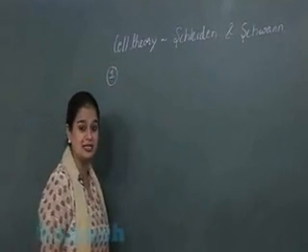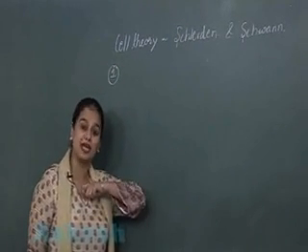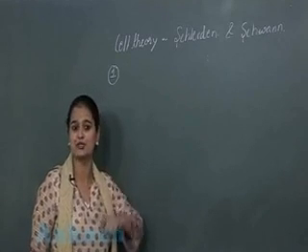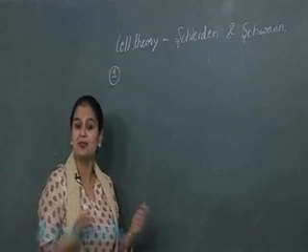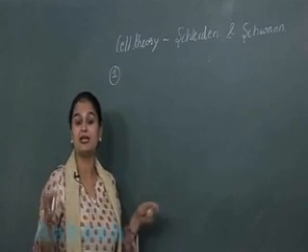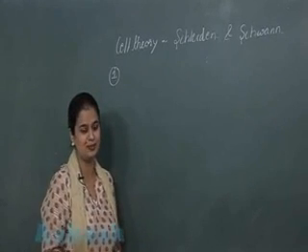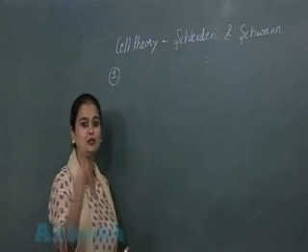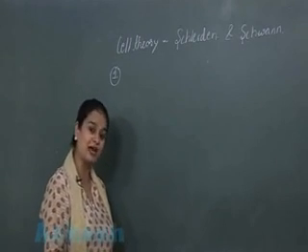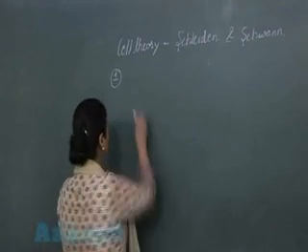Now, according to the cell theory, all living organisms, they are composed of cells and their products. तो जितने भी living organisms हैं, they are made up of cells. So we can simply say that the cell represents structural unit of all living organisms, right?